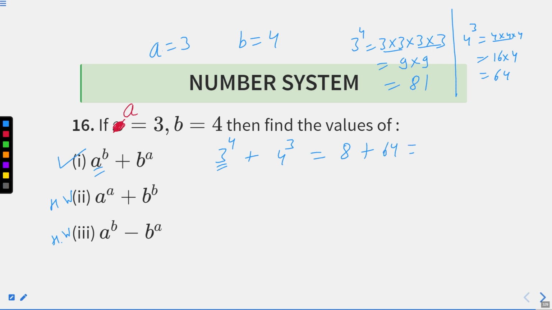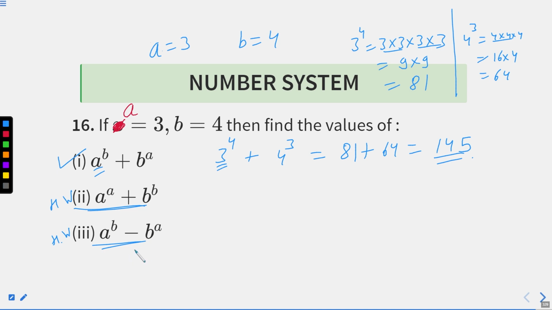Now 81 plus 64 is 145. I hope this is clear, and you can do it without difficulty.